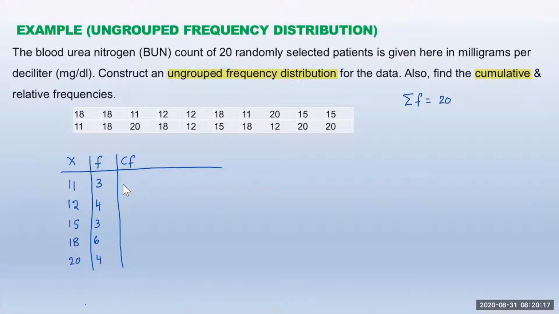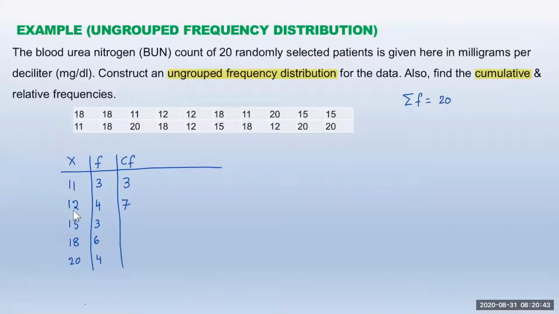Then when we go to the second line, how many 11 and 12 are there? We have 3 elevens and 4 twelves, so 3 plus 4 equals 7. That is the cumulative frequency. We are accumulating, or adding, the frequencies together. When you go to 15, how many 11, 12, and 15 are there? That's the meaning of that.